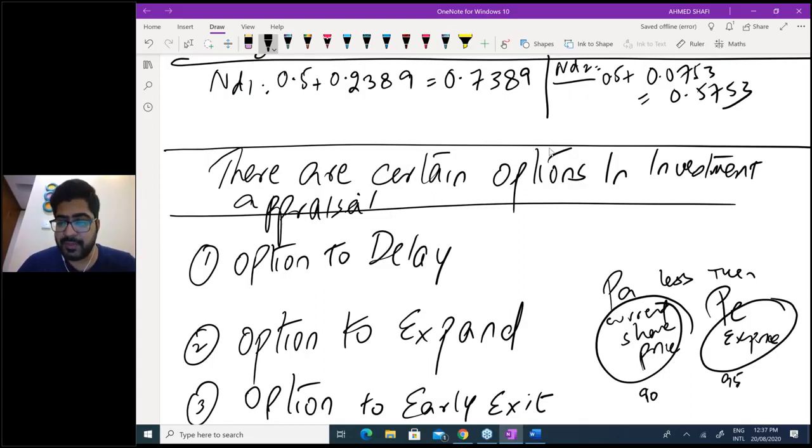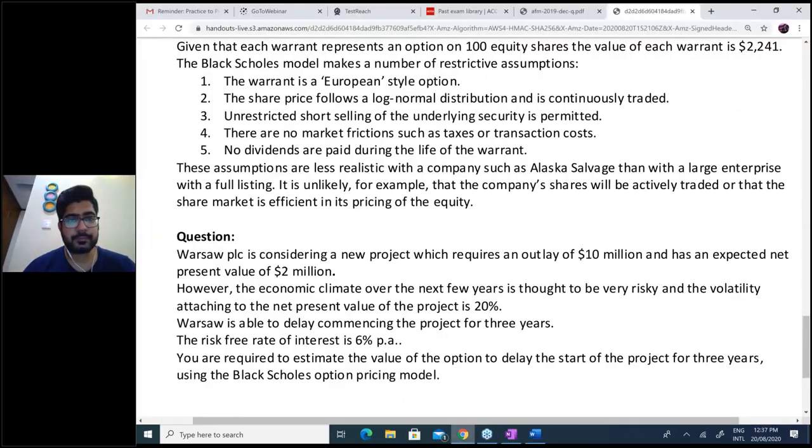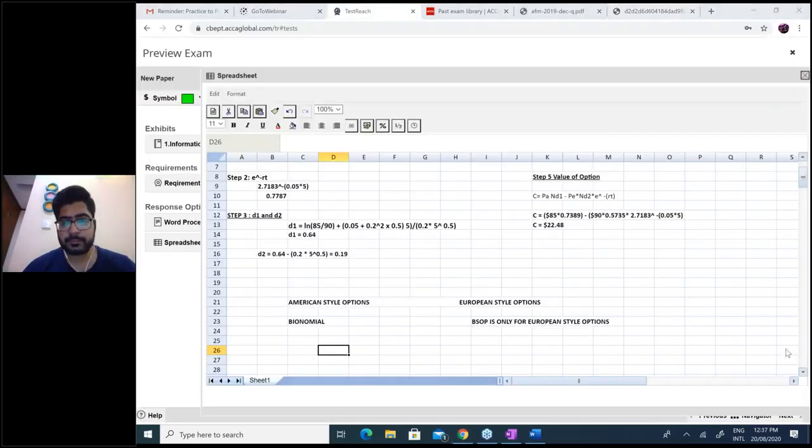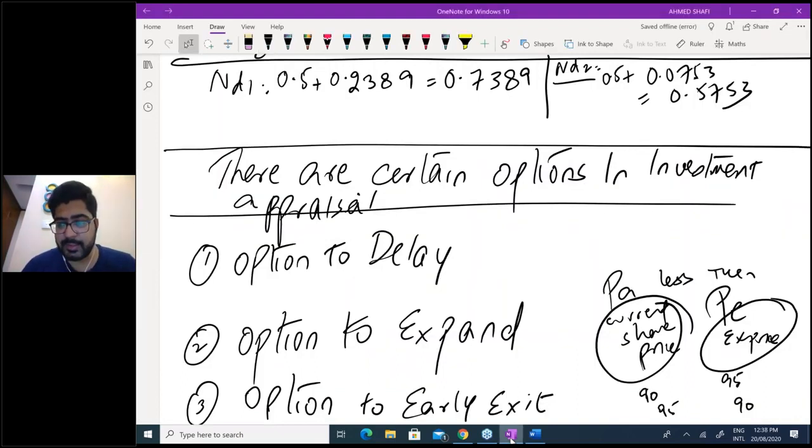Because let's suppose exercise price is 90 and current share price is 95.